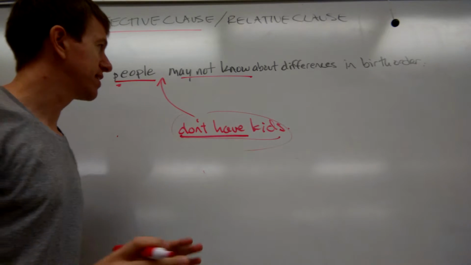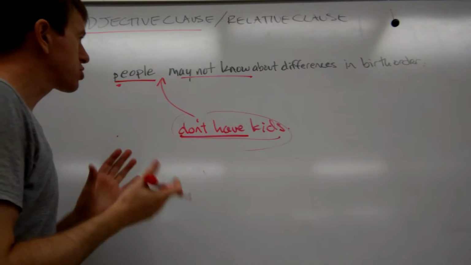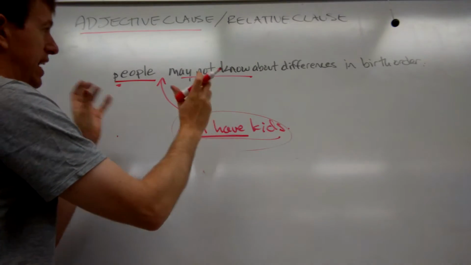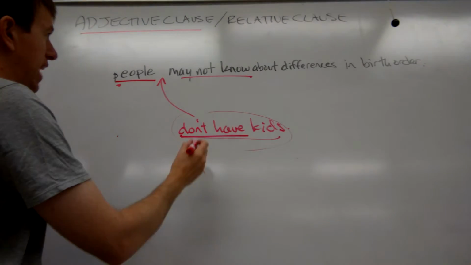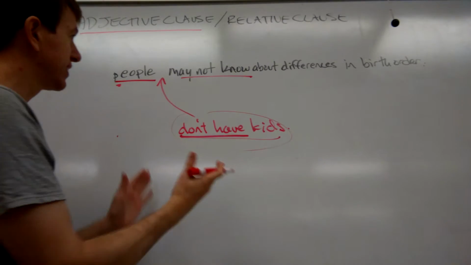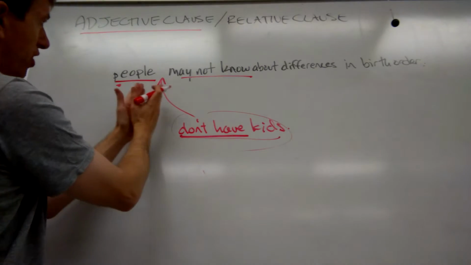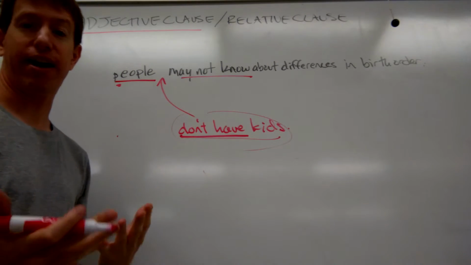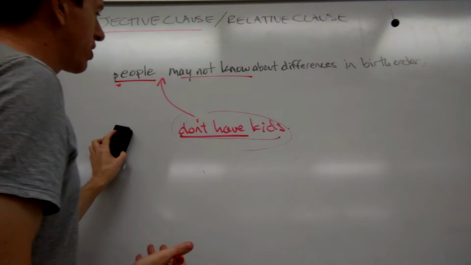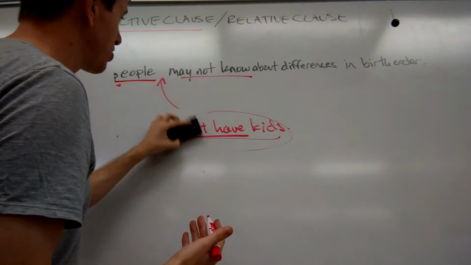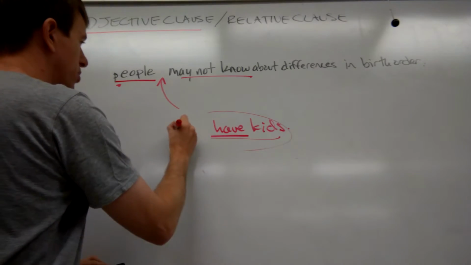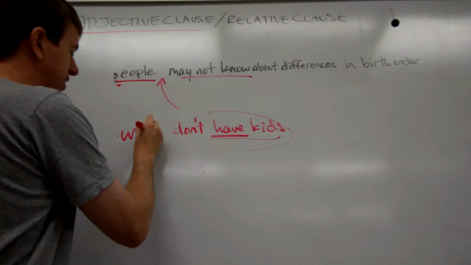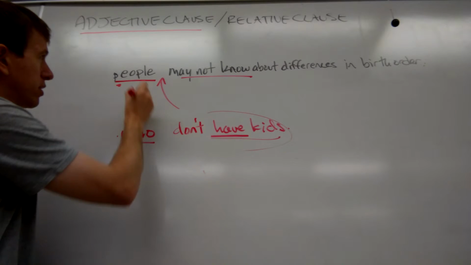We can't do that. So what English will do is take this and change it into an adjective clause. And adjective clauses, unlike regular adjectives, are going to come after the noun that they modify. So, people don't have kids. The way we do this in English, as you probably know, is we're going to put a relative pronoun here, in this case, who.